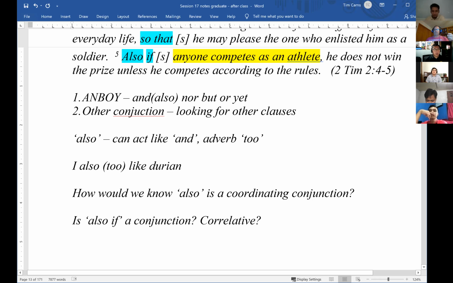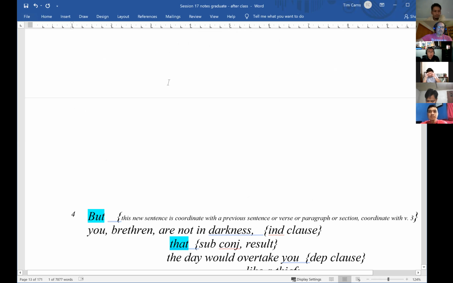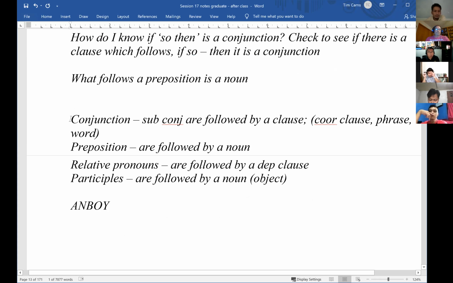That process shows that the word "if" is a subordinating conjunction, based on the fact that what follows it is a clause, and in addition, "if" is not a relative pronoun. Because as I told you before, with these four connector words, if it's followed by a clause, then it's a subordinating conjunction if it's not coordinating, right?